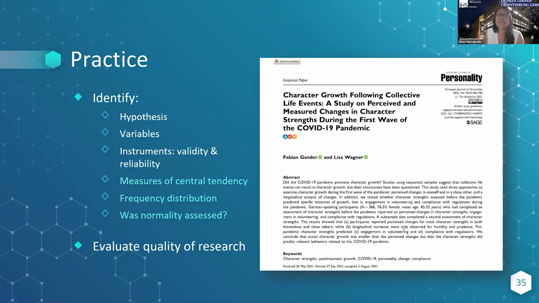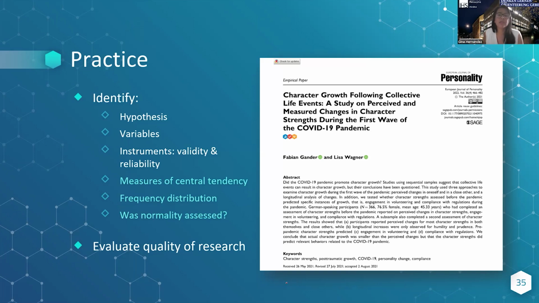For example, if we go once again into the paper that we already analyzed regarding character growth following the first wave of COVID, I don't know if you remember, we already looked into the claims, what kind of information they are giving you, the hypotheses they have, the variables they assess, the instruments they use. We even were looking into how valid and how reliable these instruments were.